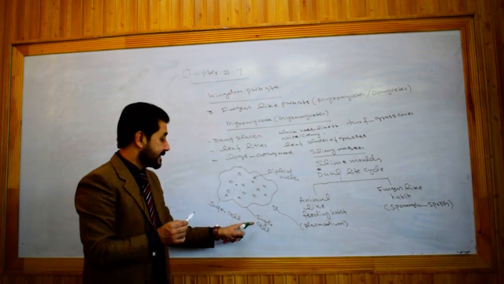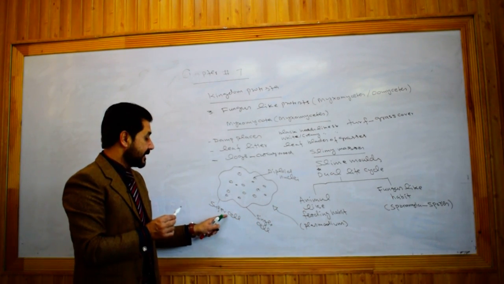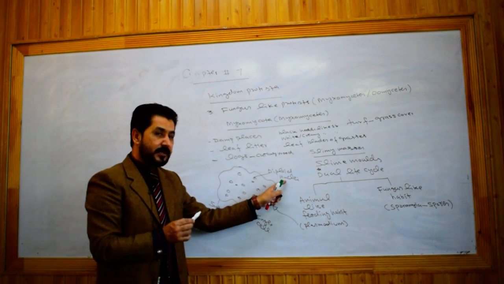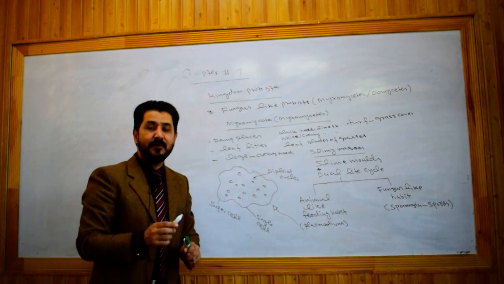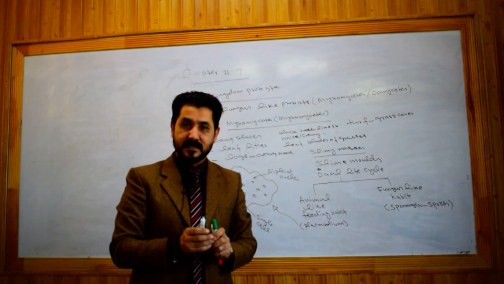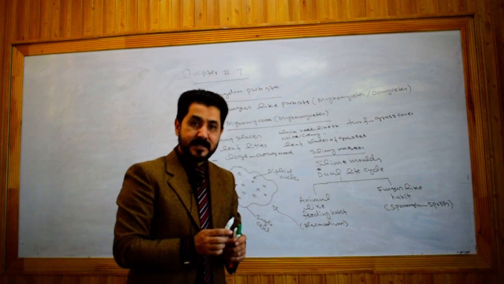Plasmodium is a single, large cell, a supercell, and it contains many diploid nuclei in it, and it never becomes multicellular because there is no cytokinesis. There is no cytokinesis in them.